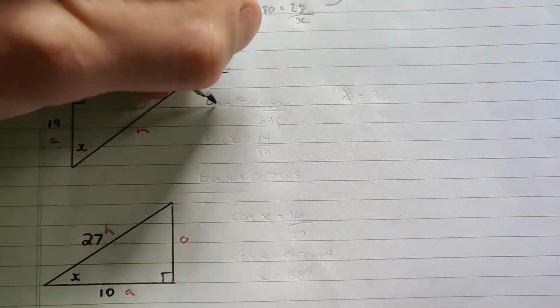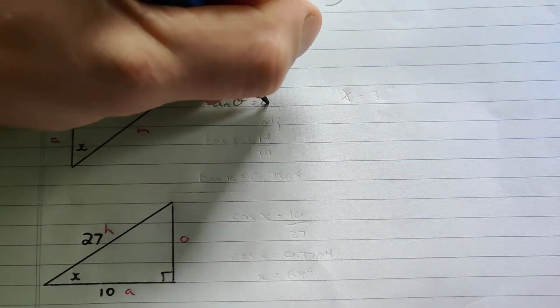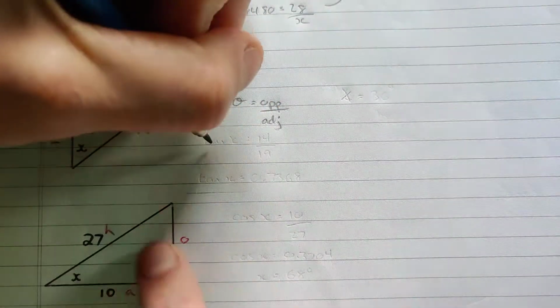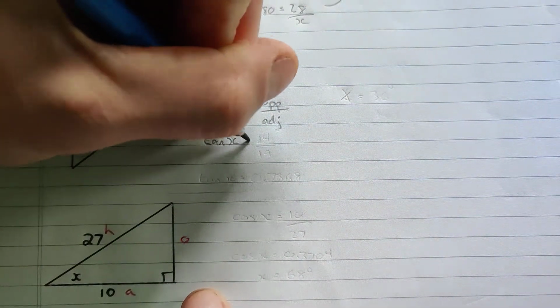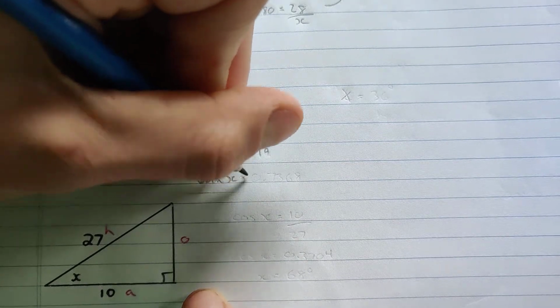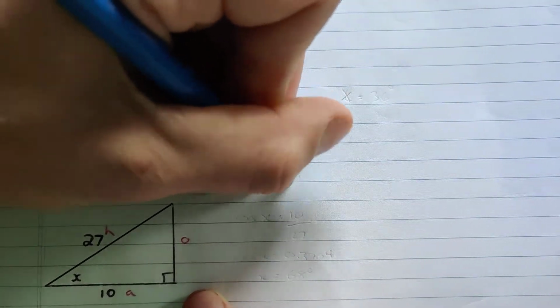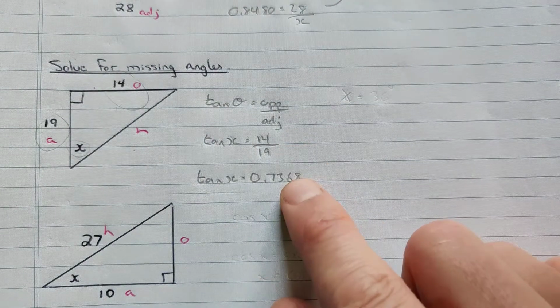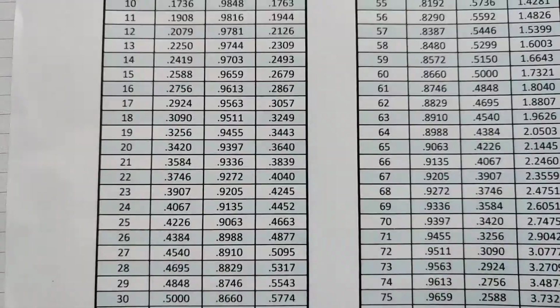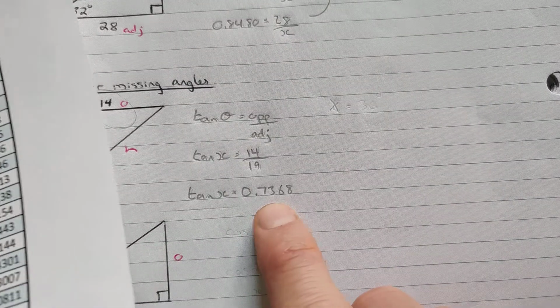I'm going to use tan theta, which is opposite over adjacent. Fill in the values. Tan x equals 14 over 19. That's tan x equals 0.7368. So I'm just dividing 14 by 19. Now I can use my handy dandy table, go through the tan column looking for something close to 0.7368.